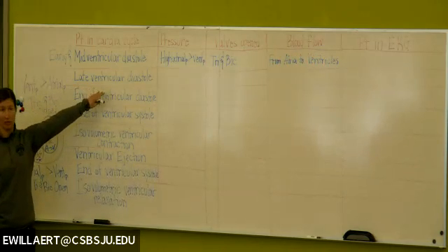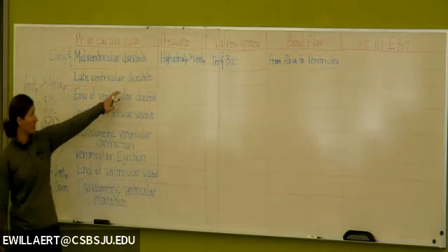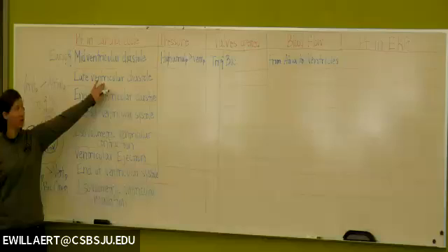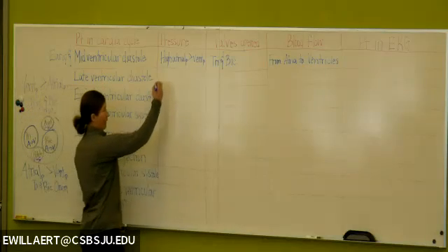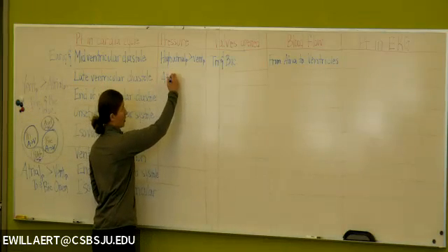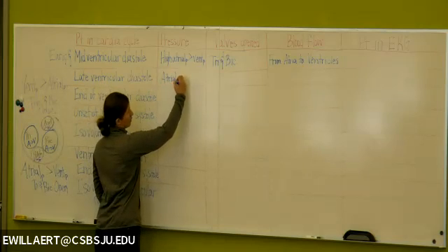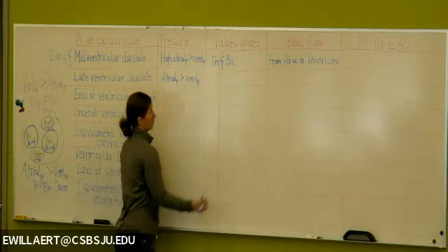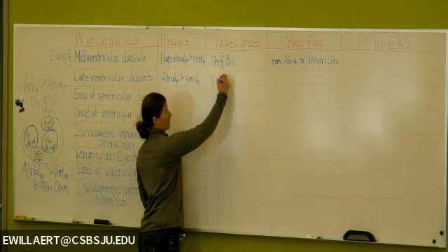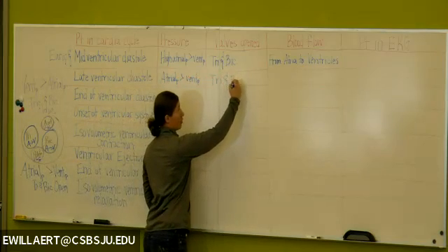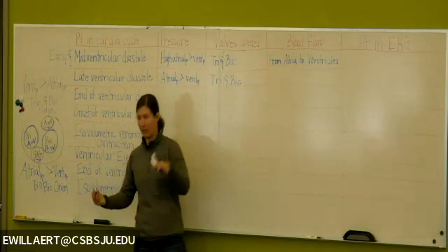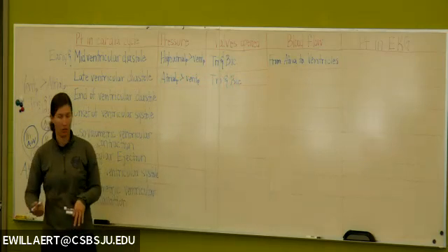Late ventricular diastole. We're still in diastole. It's still ventricular relaxation, but we still have atrial pressure greater than ventricular pressure. So our tricuspid and bicuspid are still open. So we're still getting blood flow coming from the atria to the ventricles.